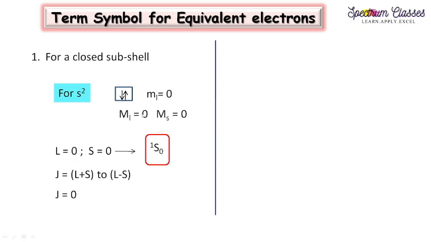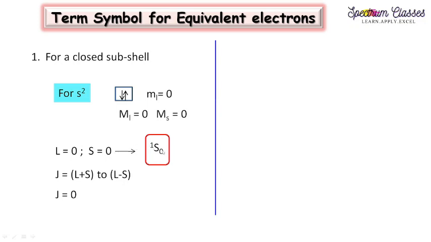Here, corresponding to this ml and ms, we have capital L equal to 0 and capital S equal to 0. Corresponding to this L, we assign the term, whether it is S, P, D or F. So corresponding to 0, we have the S term. Here, this is the spin multiplicity, which is equal to 2S plus 1. So 2 into 0 plus 1 gives 1.